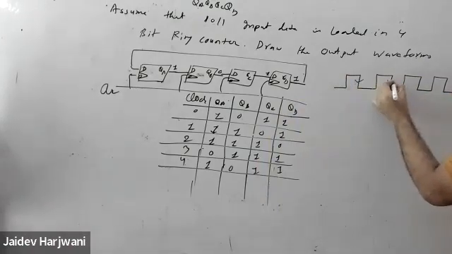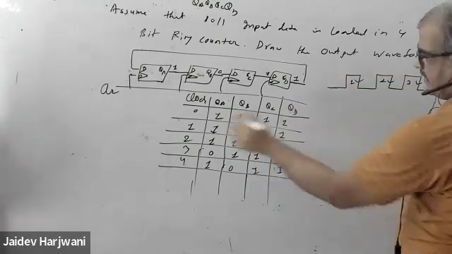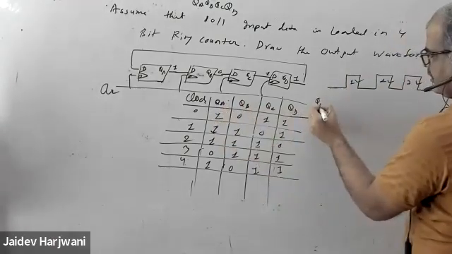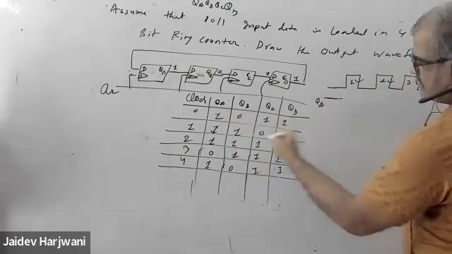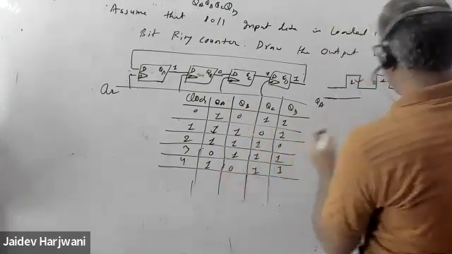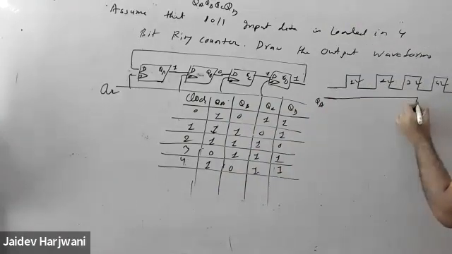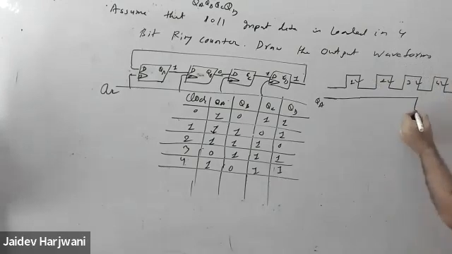So we have a clock, say 1, 2, 3, 4, 5, 6, and I want to draw QA. So QA in the beginning is 1. As the first clock comes, it remains 1, it becomes 0 only at the third clock. So this becomes 0 at the third clock. And at the fourth clock it again becomes 1.